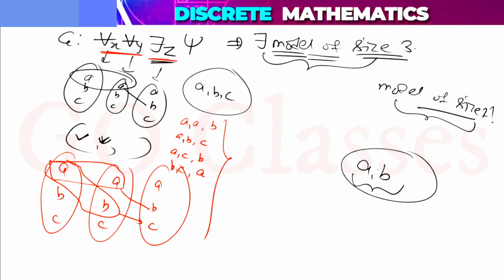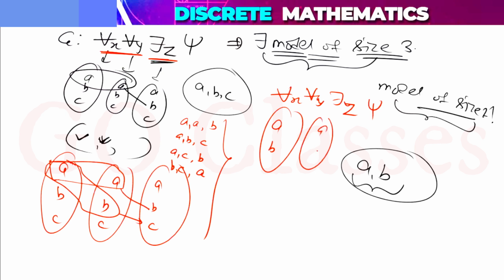Now if we take this domain a comma b, let's check for all x, for all y, there exists z. For this domain we will check a b here and a b here. For every pair here there must exist someone. But you can see that for a comma b there does not exist anyone, because previously for a comma b there was c, but in this domain there is no one for a comma b.